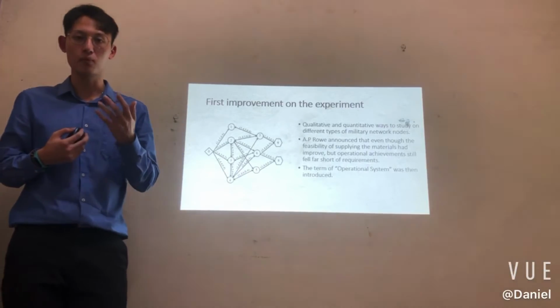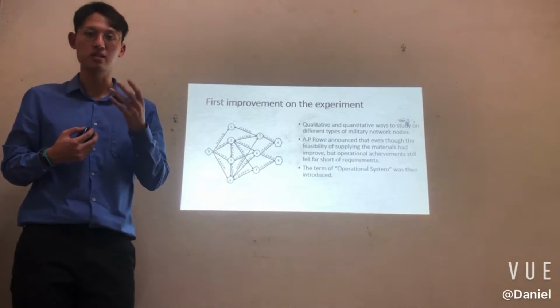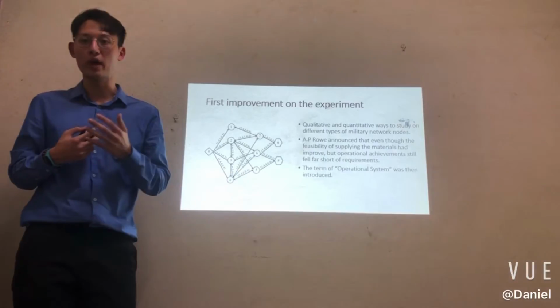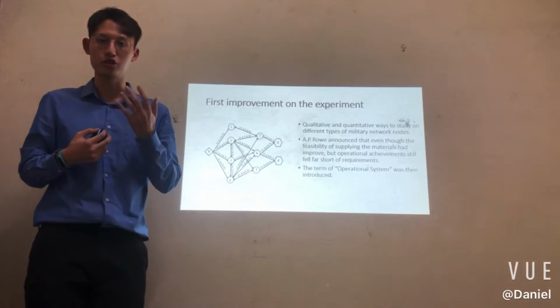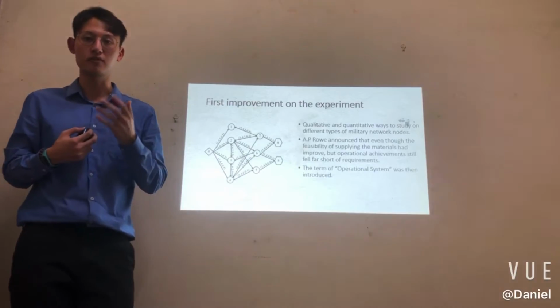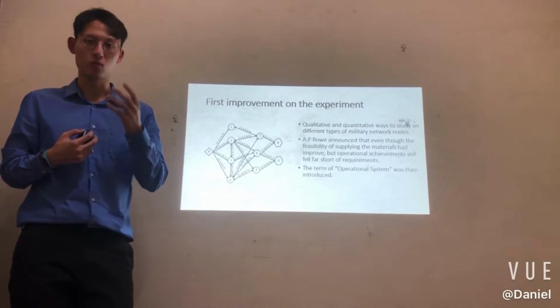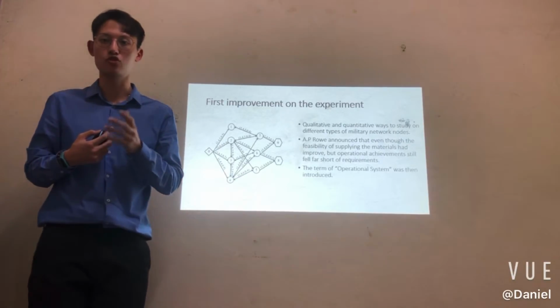However, Rowe announced that even though the feasibility of supplying the material had improved, operational achievements were still far from the requirements. He then proposed a crash program of research into the operational, instead of technical, system. The term operational research was then introduced, and on the same day, the first research group was established.